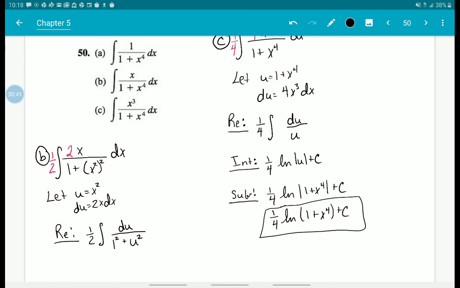So using our arctan formula to integrate, we're going to have 1/2 times 1 over a arctan of u over a plus c.